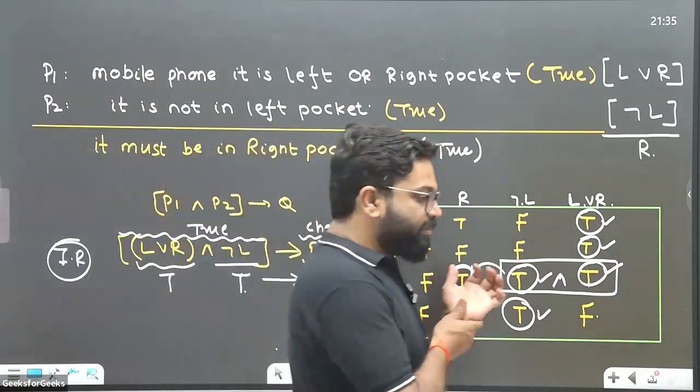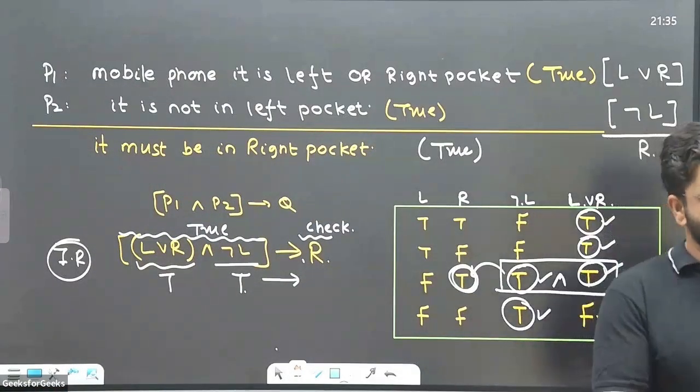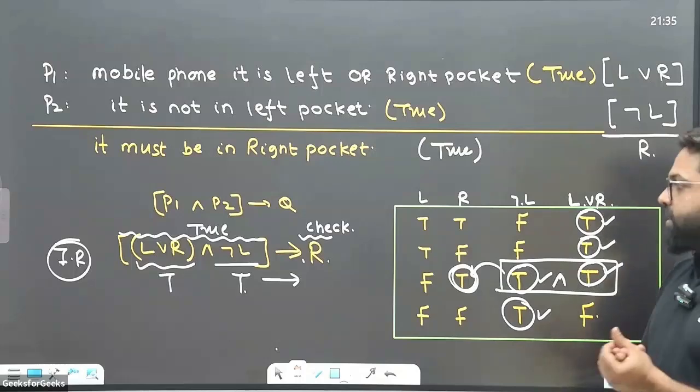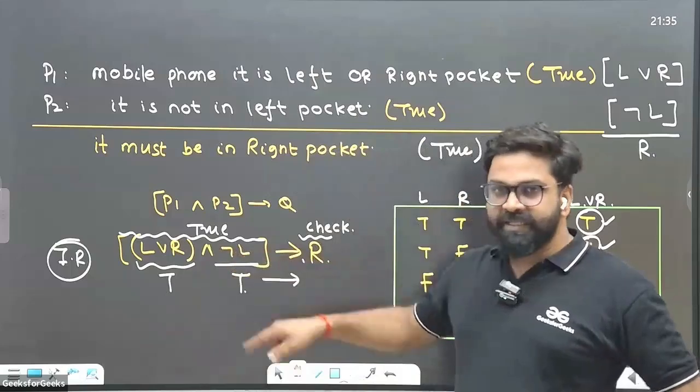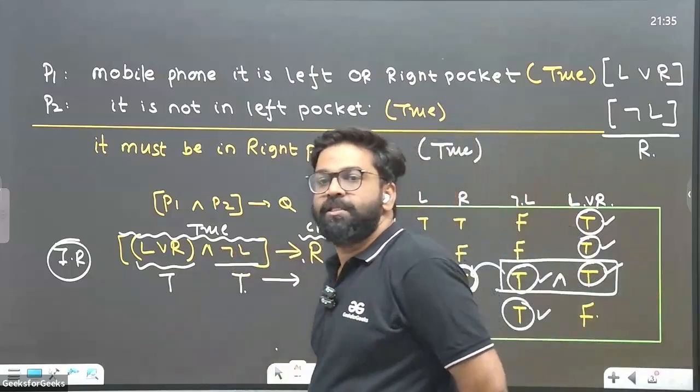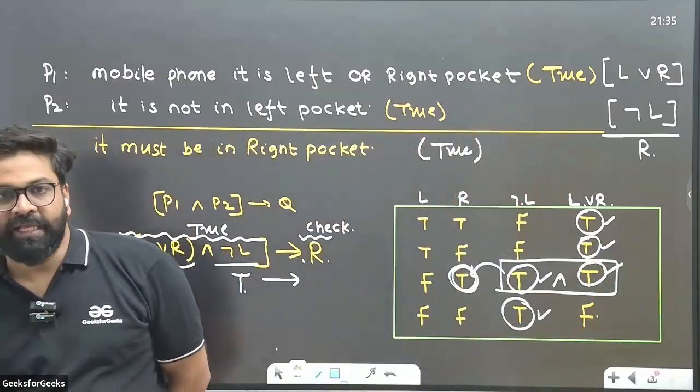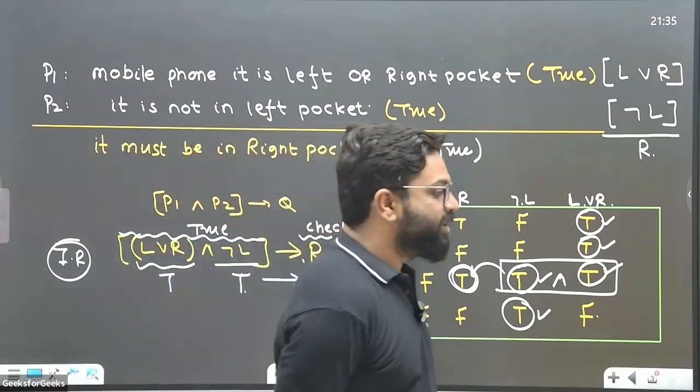If your conclusion is coming false... okay, I want everyone to use type 1 on this and tell me whether this one is a tautology or not. Then it will be helpful, and you can understand in a better way.